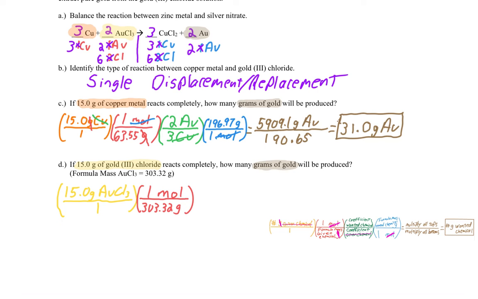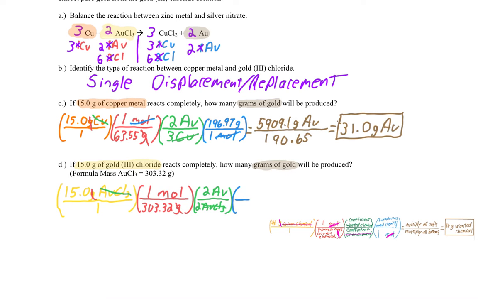Those grams cancel each other out. And now I can change my chemical. There are 2 AuCl3s in my balanced equation. They go on bottom, so they'll cancel. And there are 2 Aus. They go on top. All right, notice the grams canceled, the AuCl3s canceled.